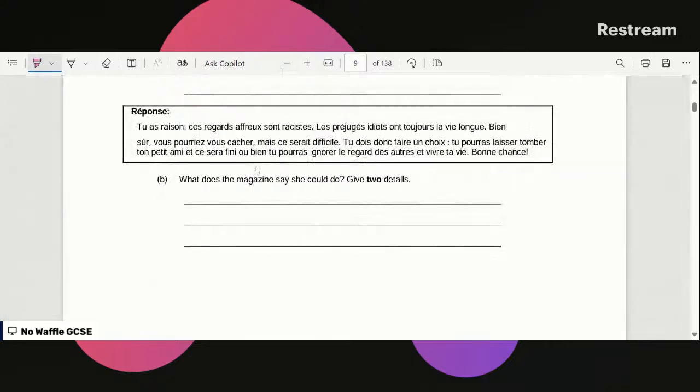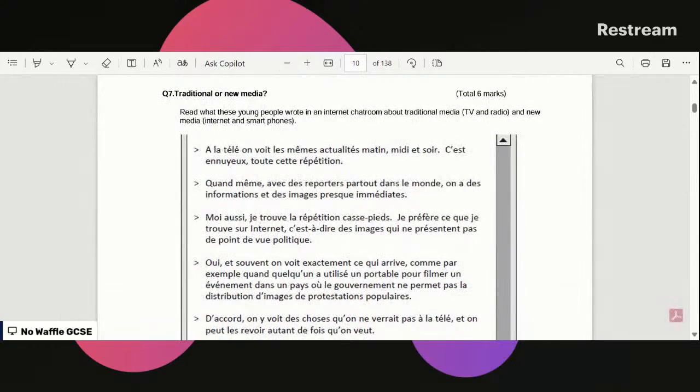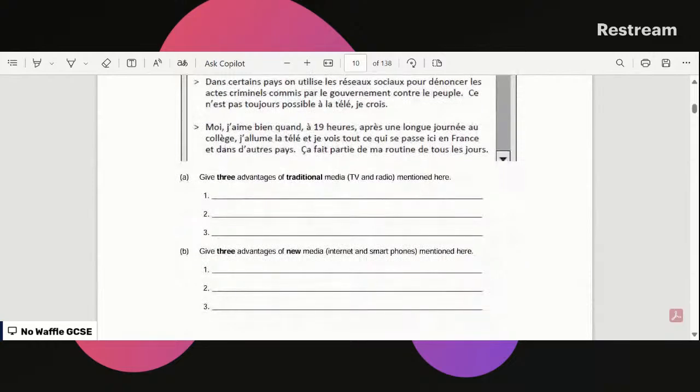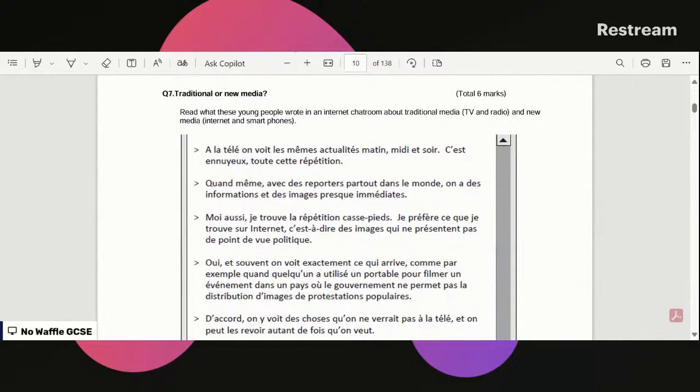Okay. We're going to skip this question because there's a bit of issues with this. Moving on. Traditional or new media? Read what these young people wrote in an internet chat room about traditional media, TV and radio, and new media, internet and smartphones. Give 3 advantages of traditional media from what people have been saying.